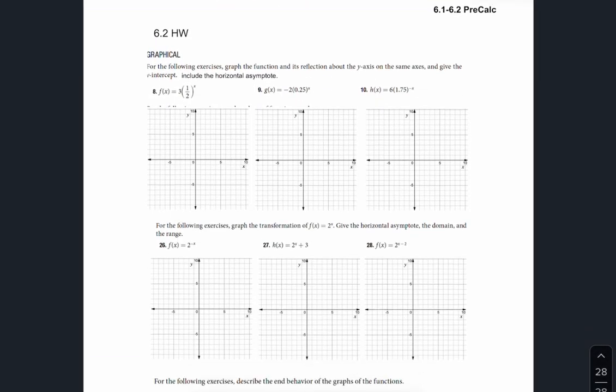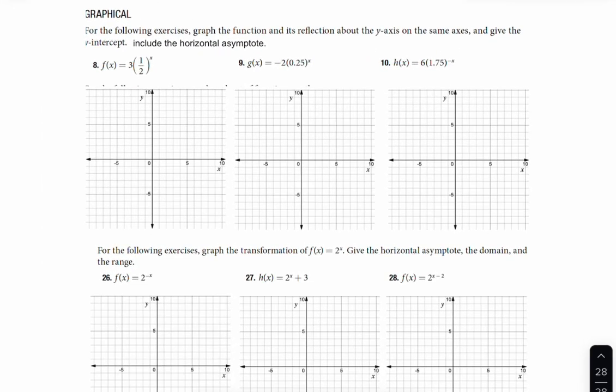Okay. So you got your homework. Now it says to graph the function and its reflection about the y-axis on the same axes. And give the y-intercept, include the horizontal asymptote. So what you want to do for number 8, if I want to flip something over the y-axis, well, you know what? I don't care about that part. Don't do that part.